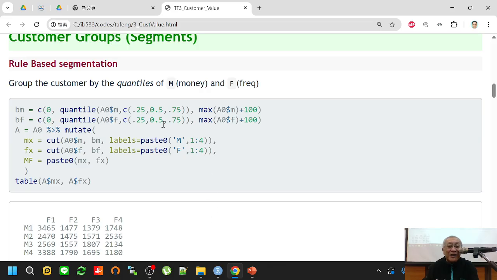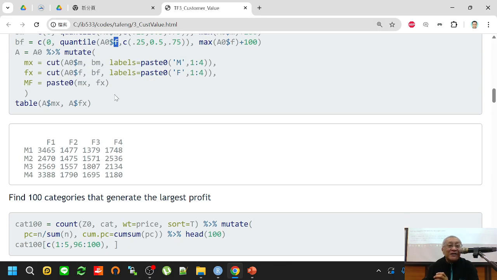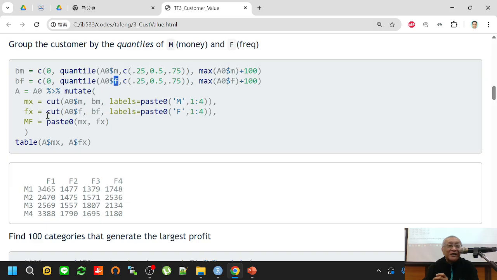For example, I do a quantile on the monetary, which is the average buying amount, and also on the frequency, which is the buying frequency of the customer. In this way, I can mutate MX and FX and also MF.